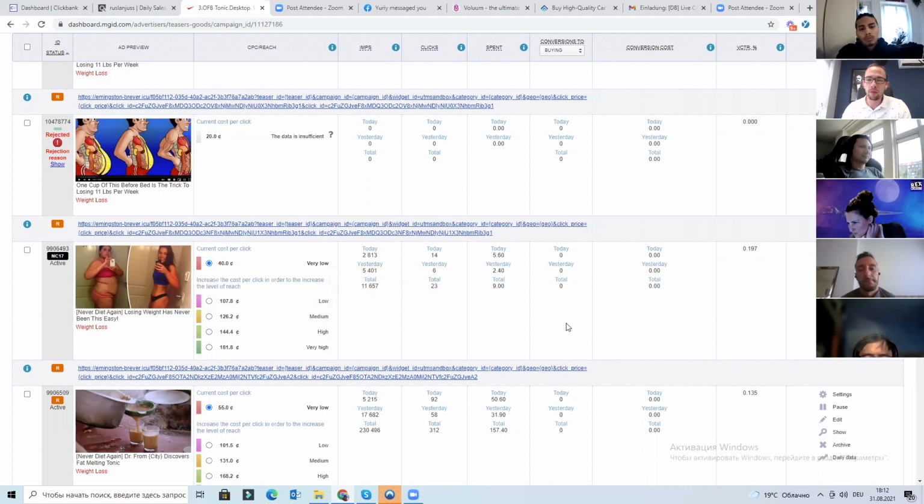And then I apply the rule. Let's say, if I spend $100 on it and I have no conversion, then I close it. But the first things they need to show me, good reach, good VCTR. Those are the two important things in the beginning. Okay, but the reach on this one is bad, and it's still the control. It is just the control.